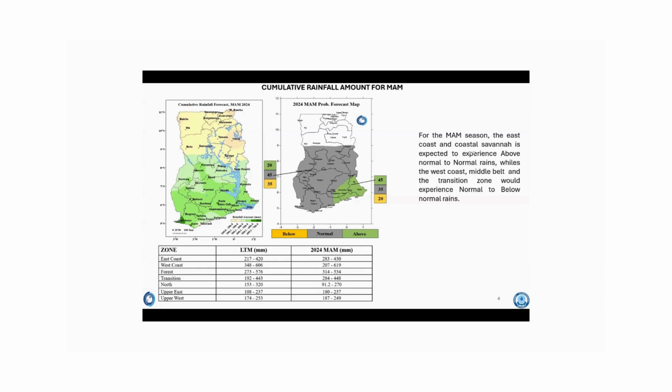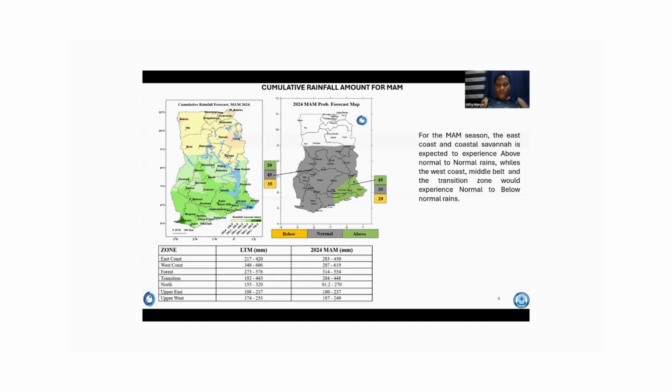So we anticipate certain kinds of pests and diseases to come up under this kind of scenario. One of them is the fall armyworm. The fall armyworm is a pest that relates with moisture and rainfall amount. We have done a lot of research, some of it published by myself.